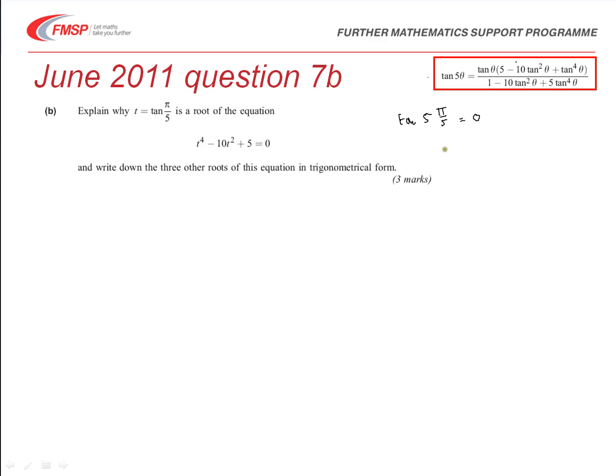So we've substituted in the pi by 5 as the angle, so the part that's 0 must be that piece in the right hand side, so the 5 minus 10 tan squared of pi by 5 plus tan to the power of 4 of pi by 5, that must equal 0. So that's from the right hand side of this expression.